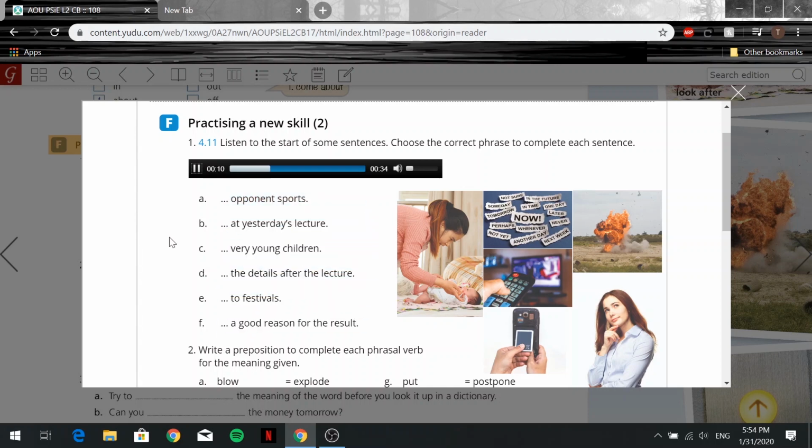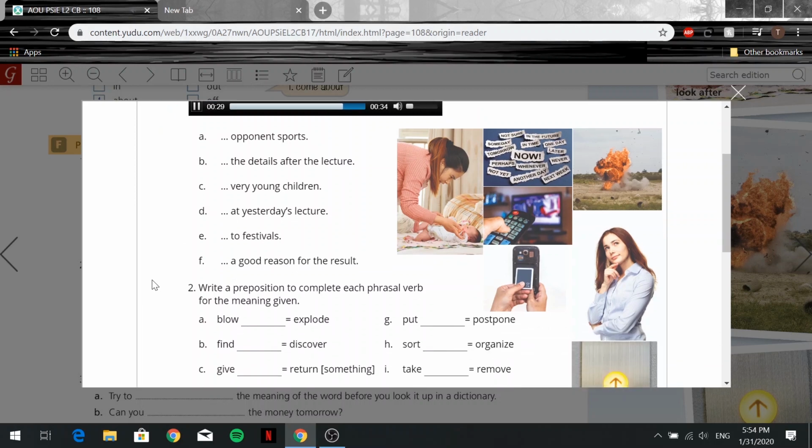B. You can look up details. C. It is difficult to look after very young children. D. OK, let's look back at yesterday's lecture. E. People look forward to festivals. F. Researchers look for a good reason for the result.